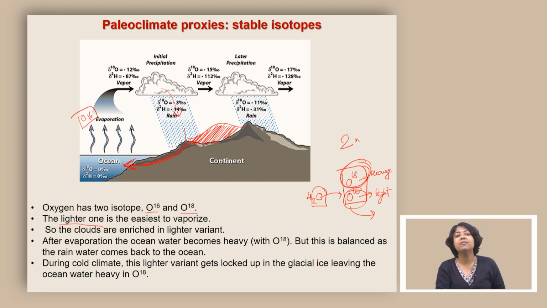And that gives us a very nice way of identifying what were the times that there were continental glaciers versus what were the times when there was no continental glacier.